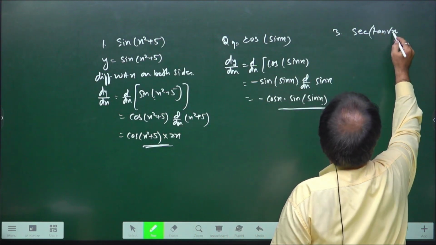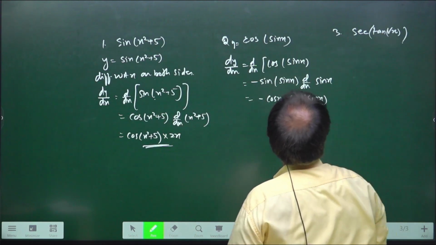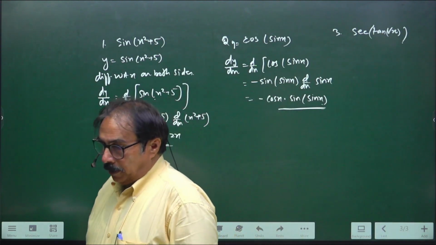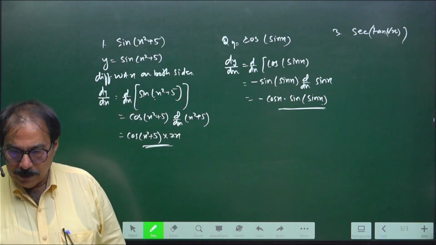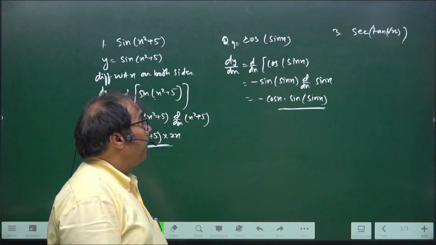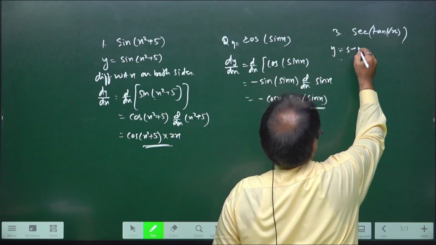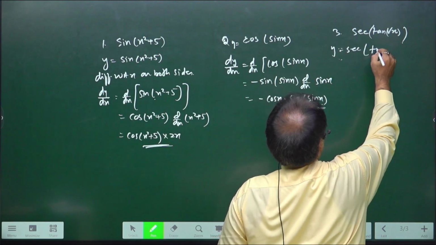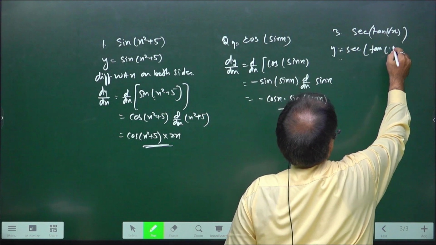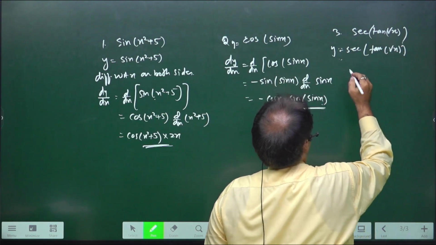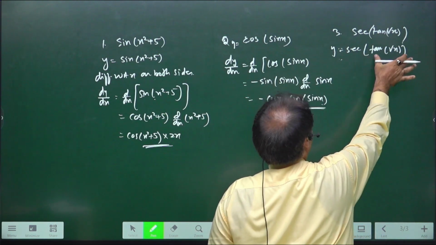It is written like this, sec theta. Okay, sec of tan root x. This is the question. So let y is equal to sec of tan root x. So this means it is theta, sec theta.